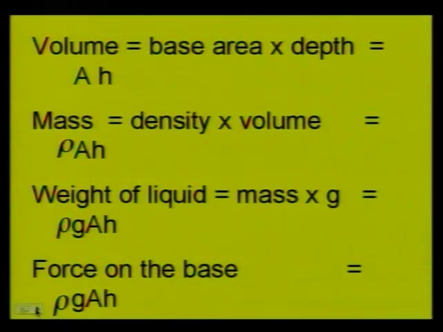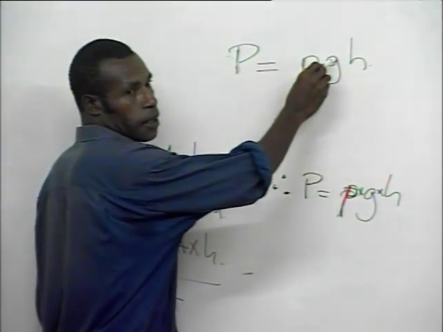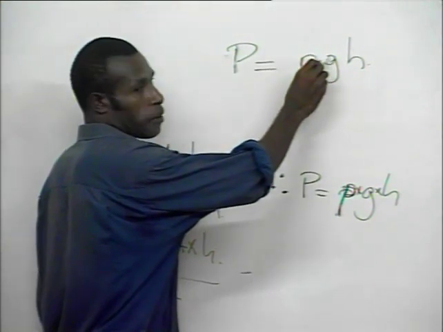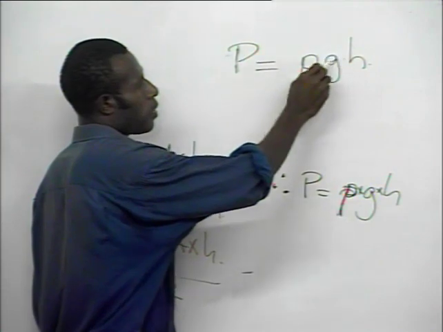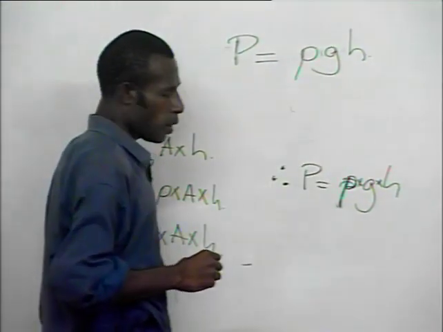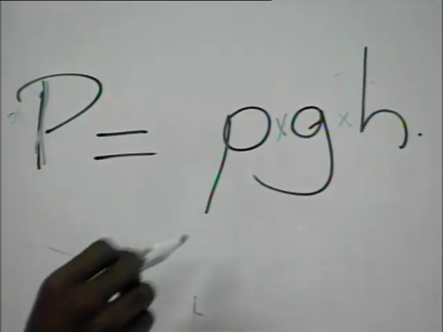You were given the formula, especially in liquids, pressure equals density times the acceleration due to gravity times the height. But how did you arrive at that, or how can you derive that?